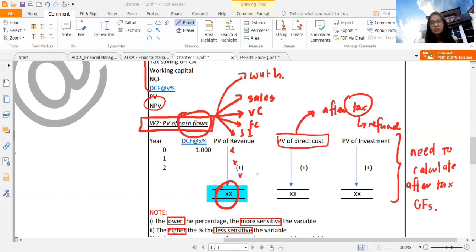So you must be able to identify whether there is any interrelationship between the project variables. If you are able to identify the interrelationship, then you will know exactly how and when you need to control your project variable in such a way where it would not affect your project NPV.